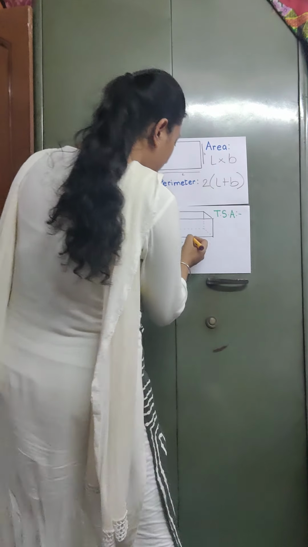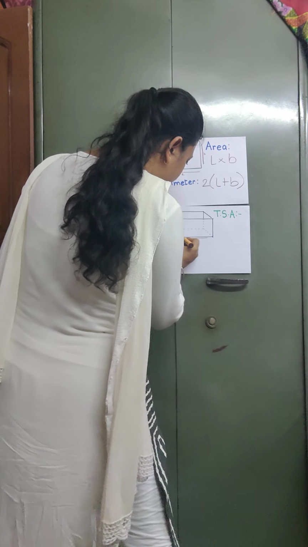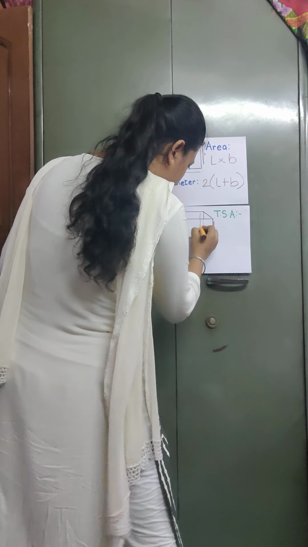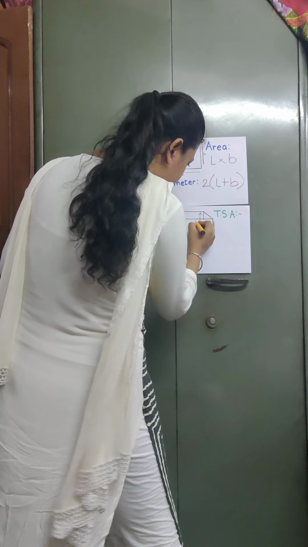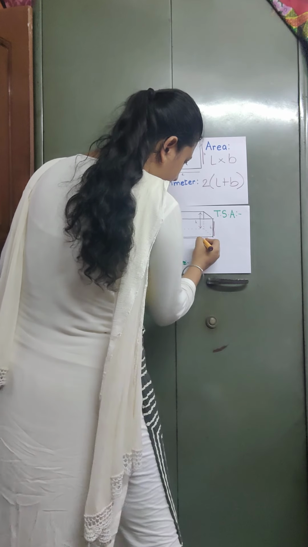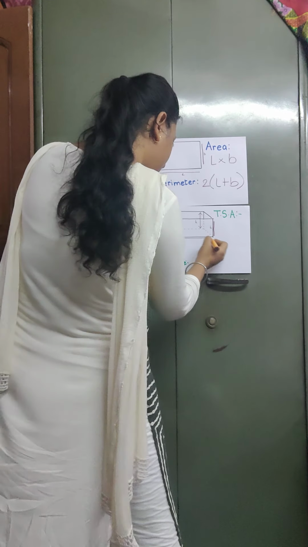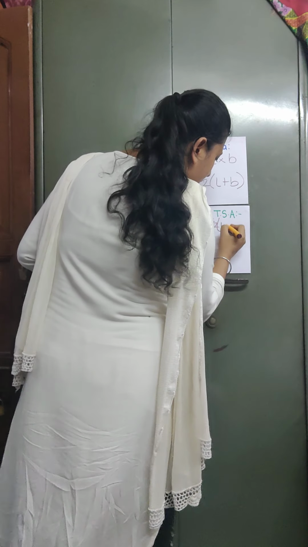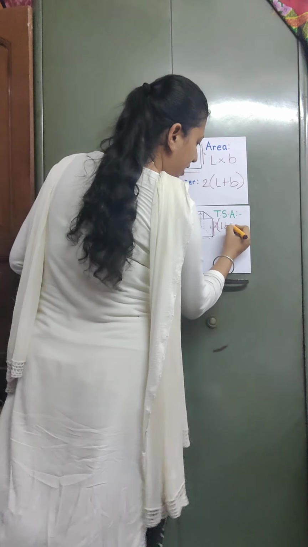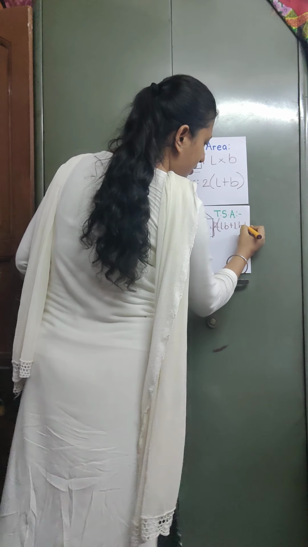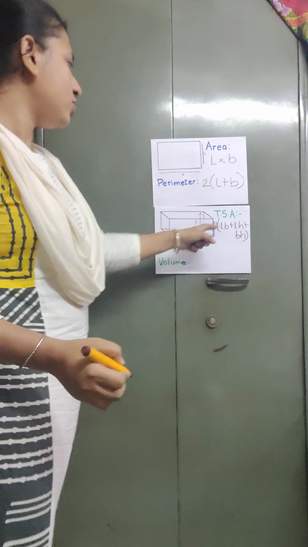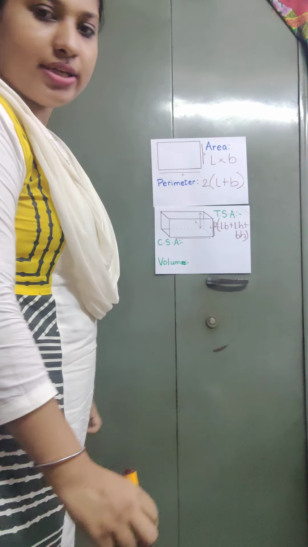So we have length, breadth and height. The total surface area is 2 into length breadth plus length height plus breadth height.